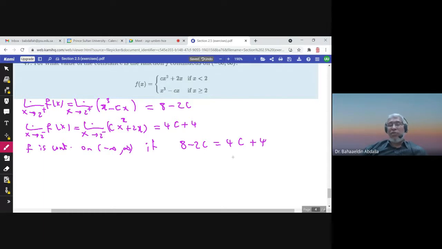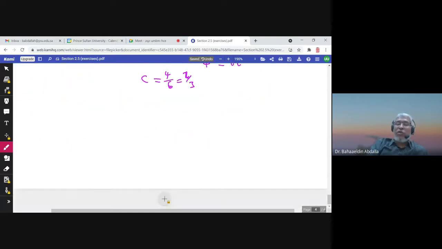So let me take 2c here, so I'll have 6c, 8 minus 4 here, so I'll have 4. So the value of c would be 4 over 6 or 2 over 3. So this value will make this function continuous on R.